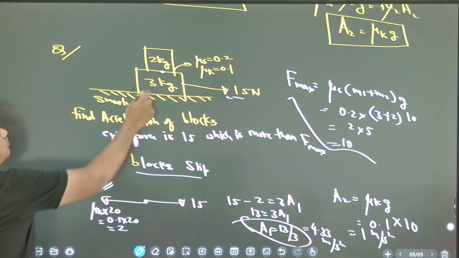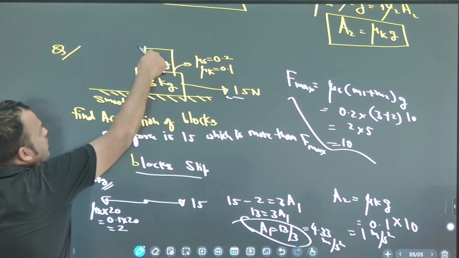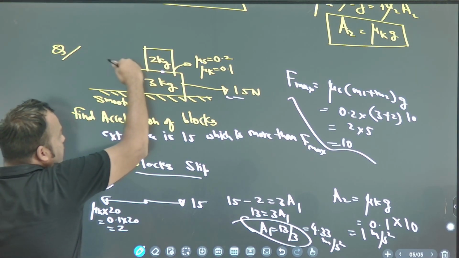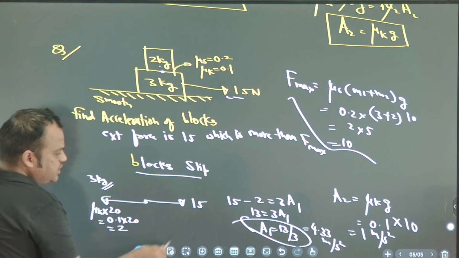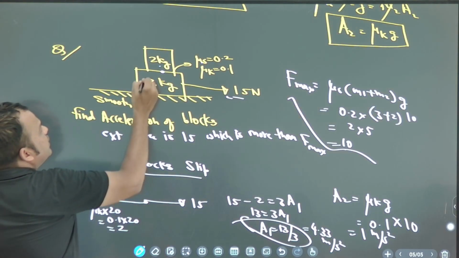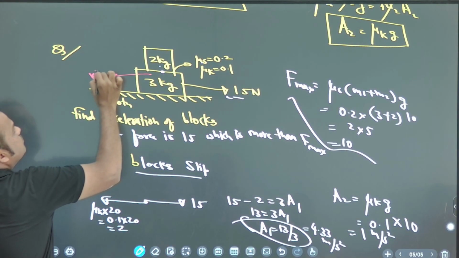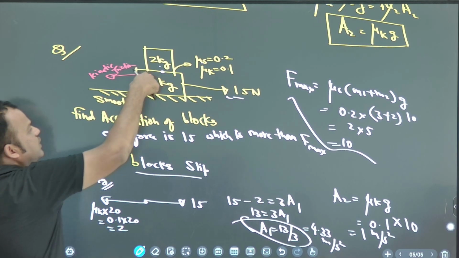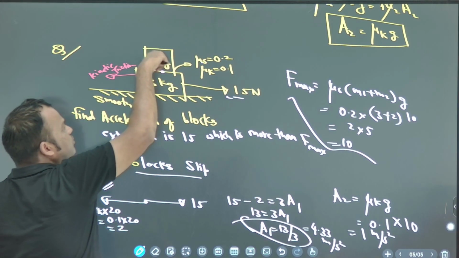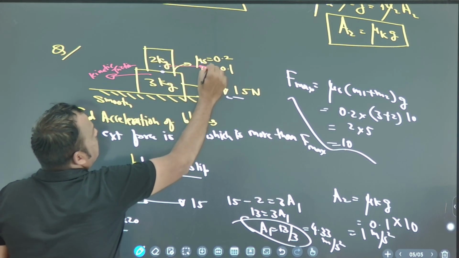Kinetic. So for 3 kg, 2 kg will exert kinetic friction on the left side, and 3 kg will exert friction on 2 kg on the right side.